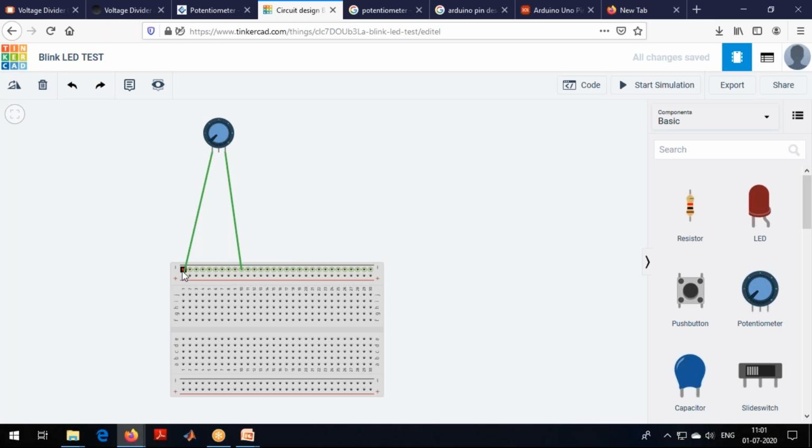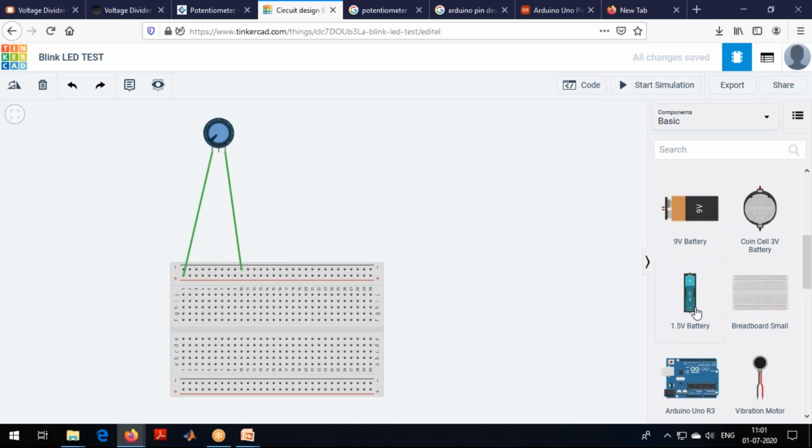This is positive, this is negative, that will be positive and negative if I give some voltage.